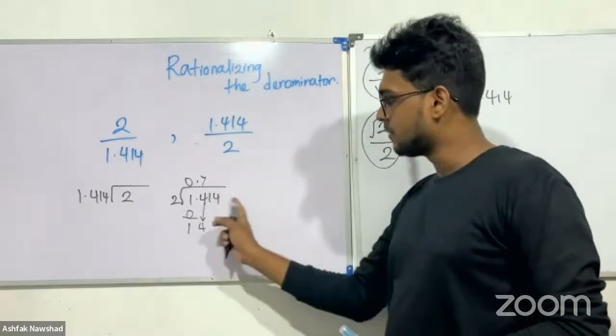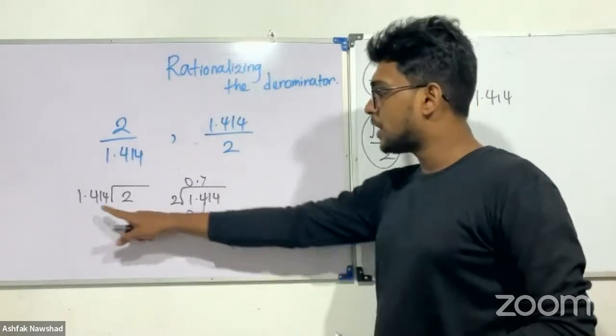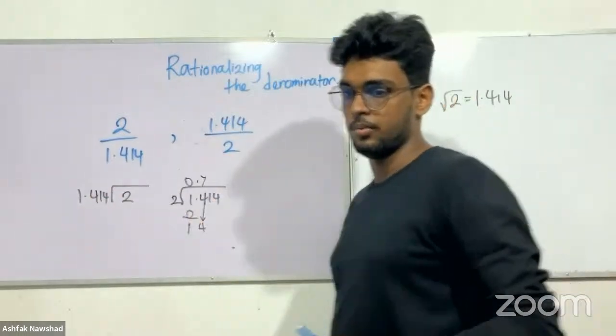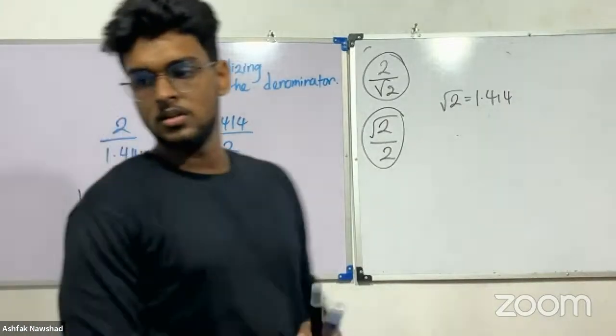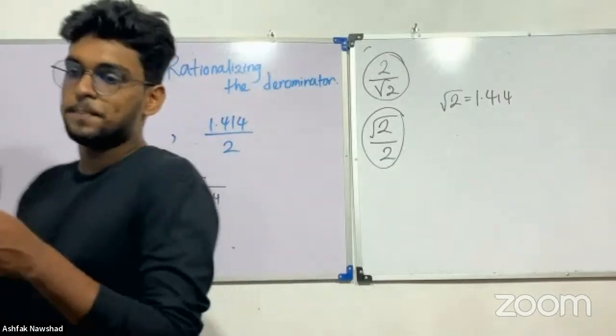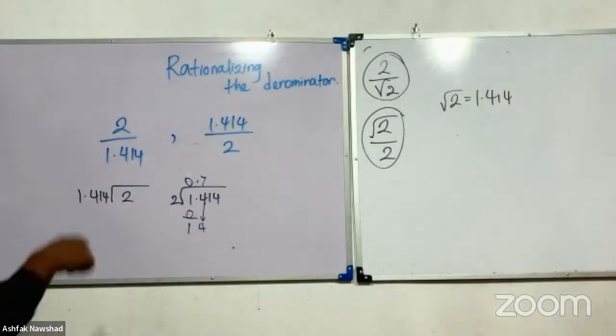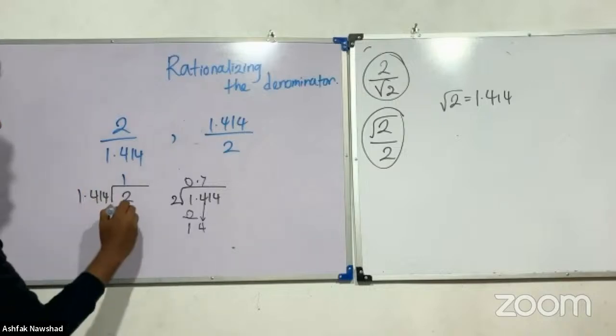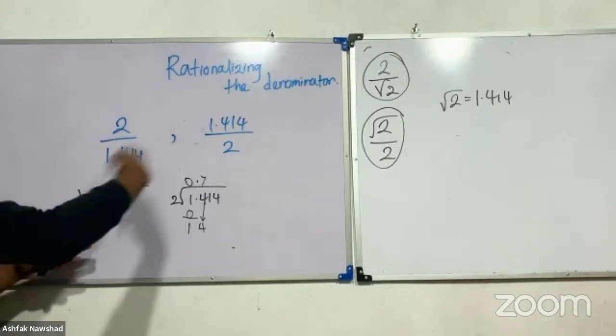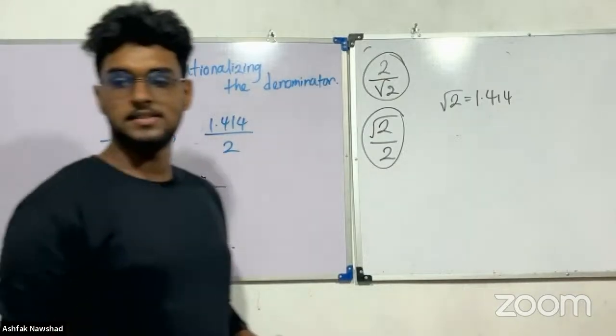This is pretty easy because you know the multiples of 2. But do you know the multiples of 1.414? No, that takes time. The first part you could do, but after that, it gets complex.